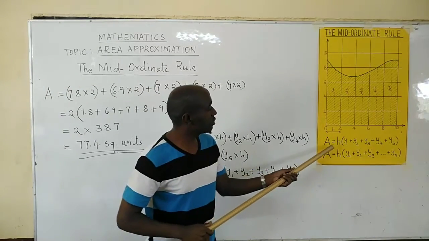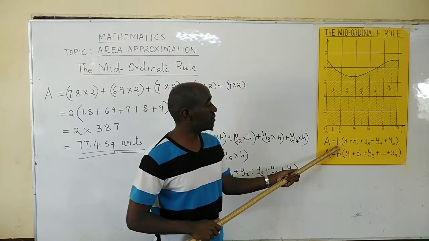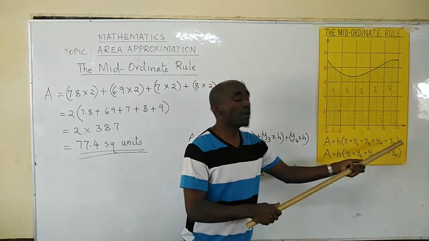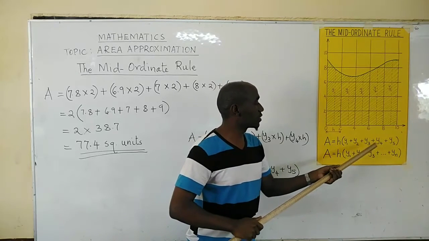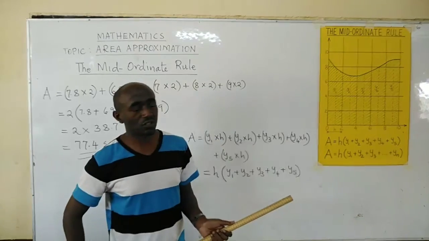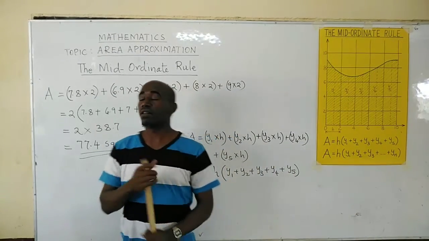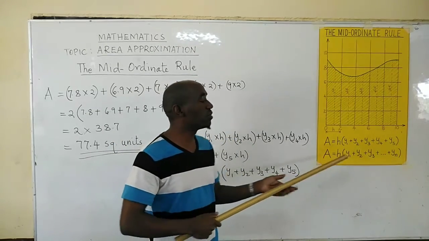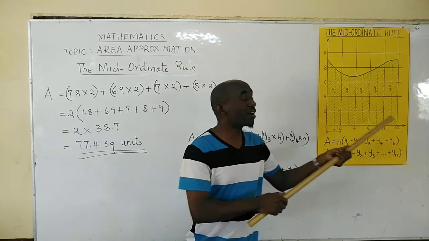So area is equal to h outside the bracket, then inside the bracket y1 plus y2 plus y3 plus y4 plus y5. That is actually the formula which we use. This is what we call the mid-ordinate rule for 5 rectangles.